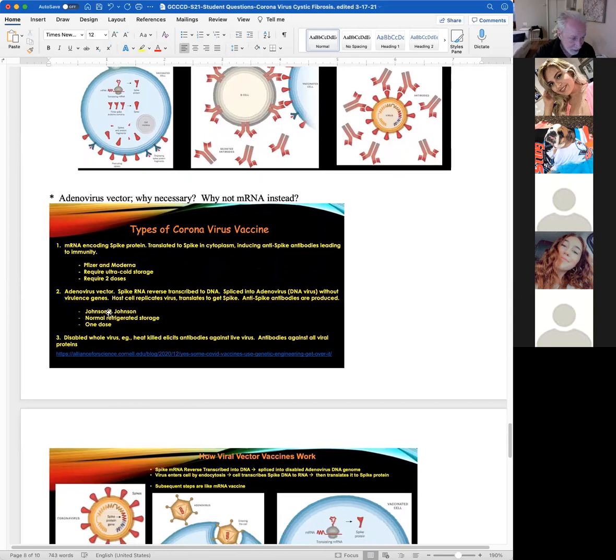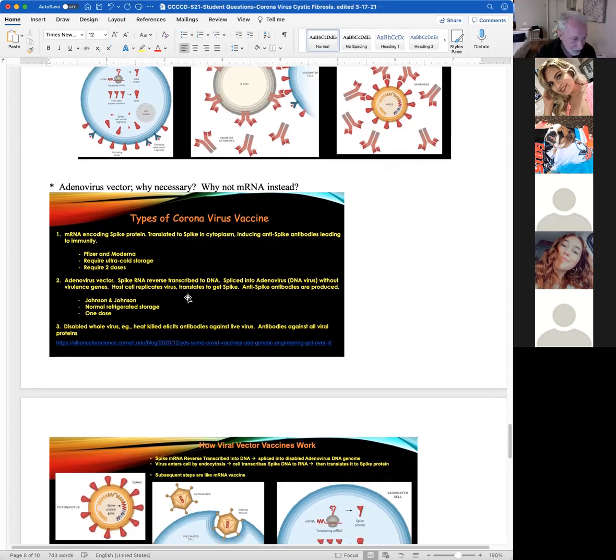Let me say first that Johnson & Johnson makes a vaccine based on adenovirus. It has the advantage that it only needs refrigerator storage, so 4 degrees Fahrenheit, and it only requires 1 dose for full immunity, and that is a big advantage.